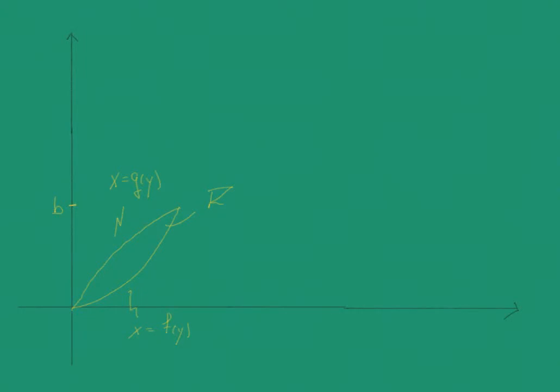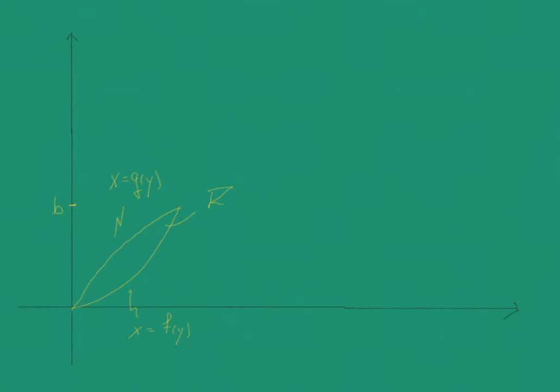So now we're going to assume that we're dealing with a region R that has been described to us in terms of functions of y, not functions of x as we had before. So if our region is most naturally described as being bounded by two functions, x equal to f of y and x equal to g of y, what do we do?